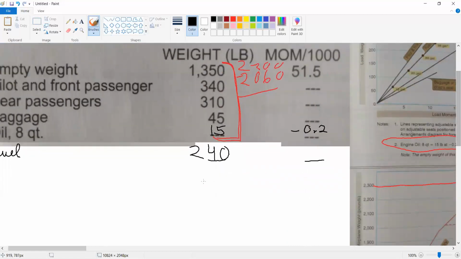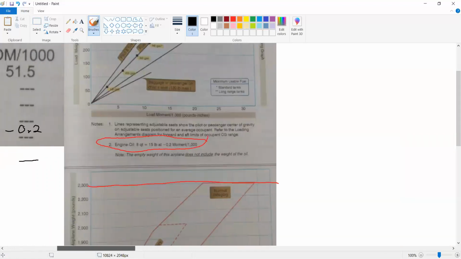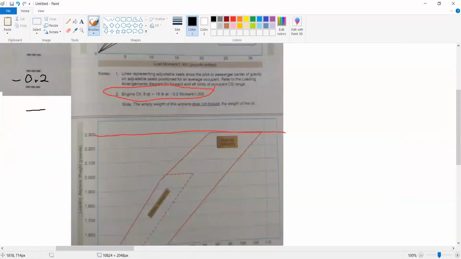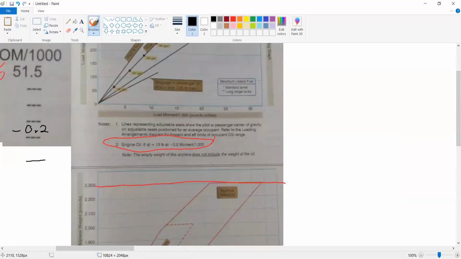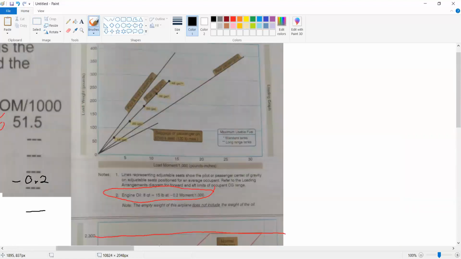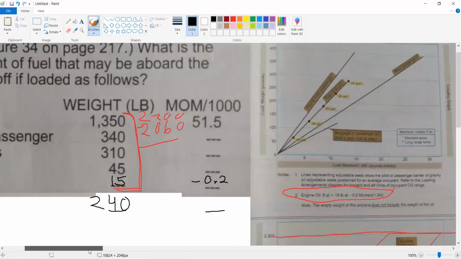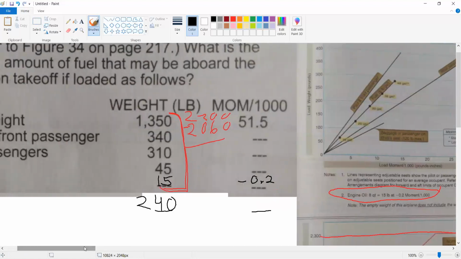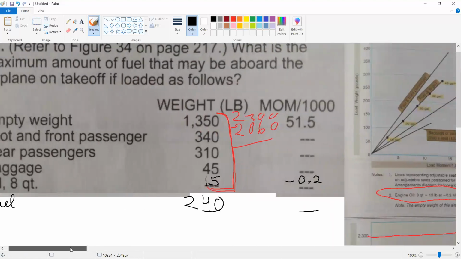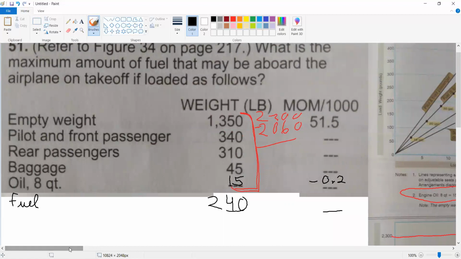So where did they get that factor? Let's read the factor again. So we know that we have 240 pounds. And let me write it in maybe a different color. The question is asking how many gallons can actually be allowed.